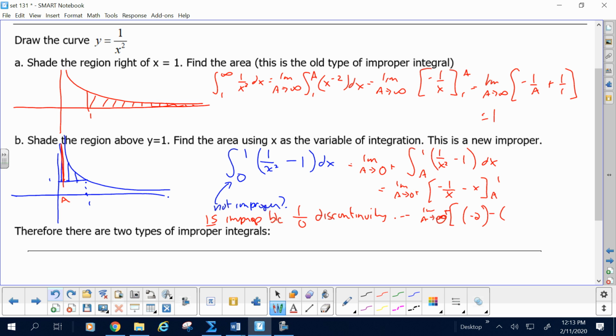When A goes in, I get negative 1 over A minus A.